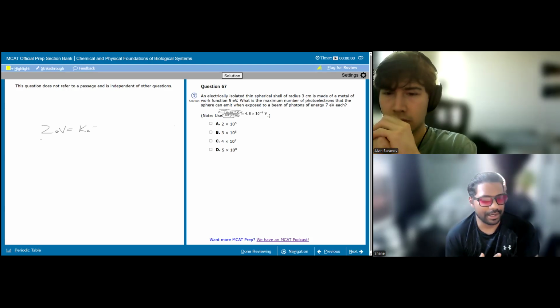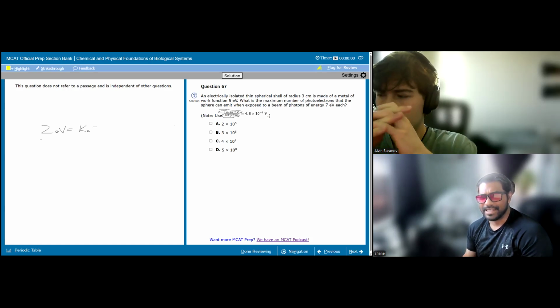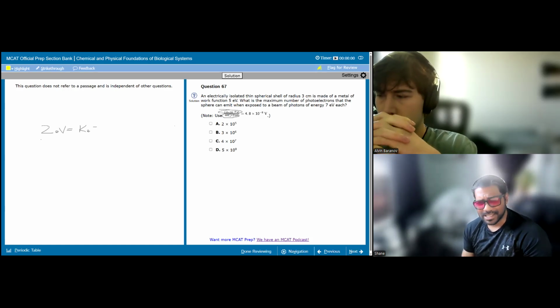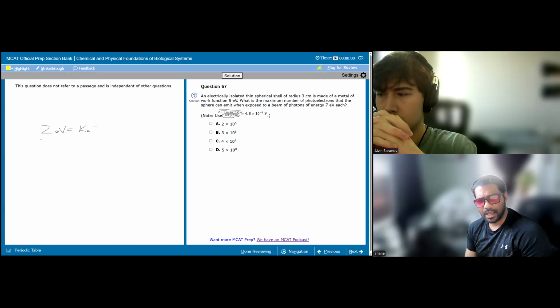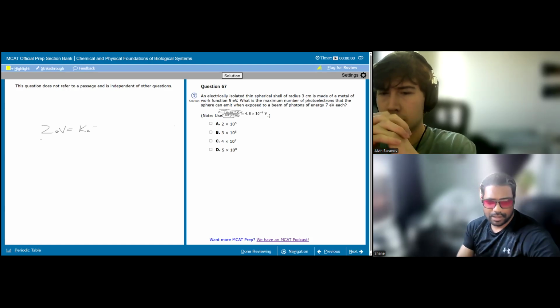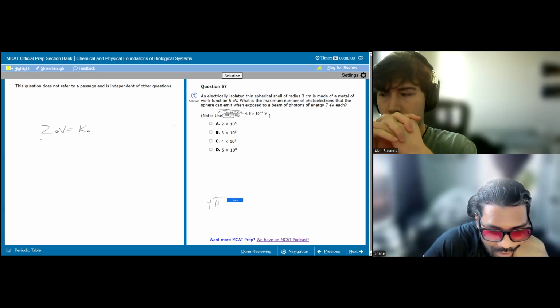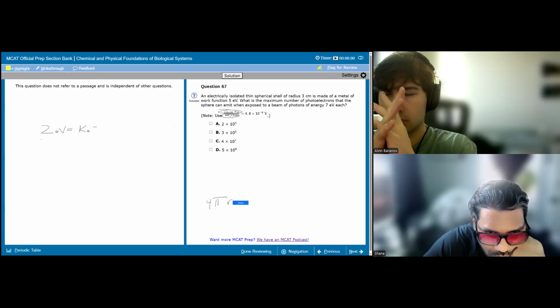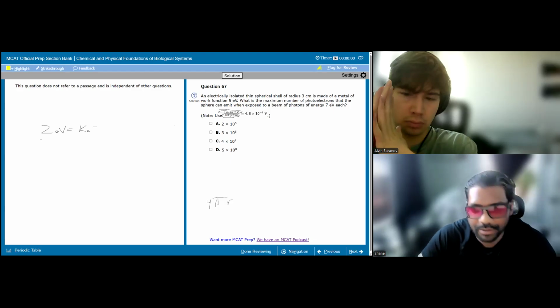Now I see coulombs per distance to equal the voltage. And so I guess this is for pi r. See something.